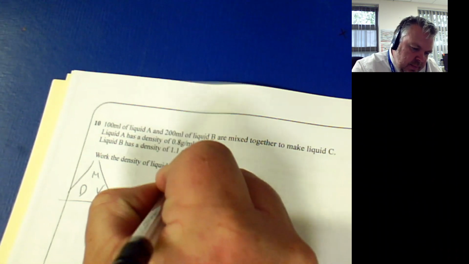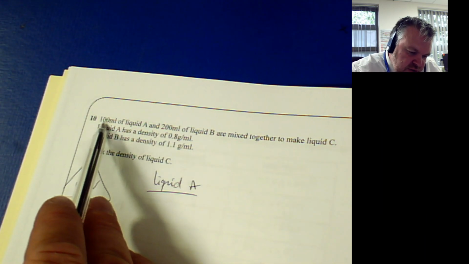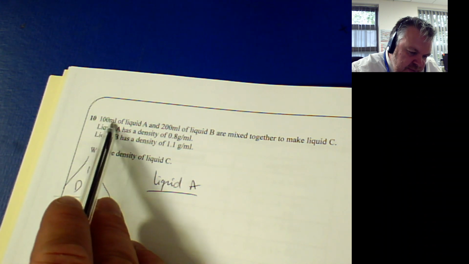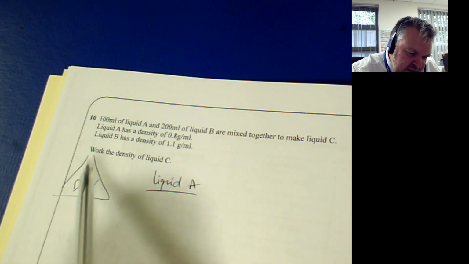Okay, so liquid A. Let's work out what we can. Liquid A, we've got a density and we've got 100 millilitres. Are we thinking that that's the volume, or the mass? It's got to be the volume, because here we've got G, grams, for mass, and we don't have anything about grams.